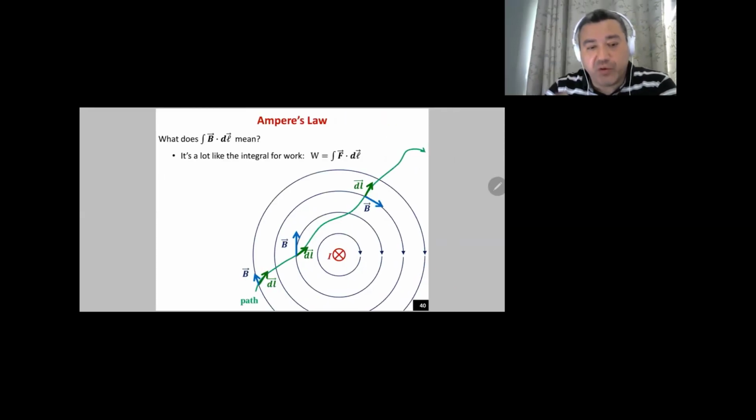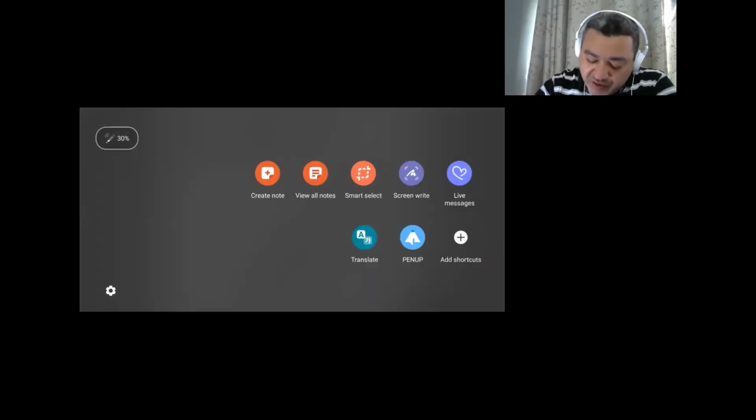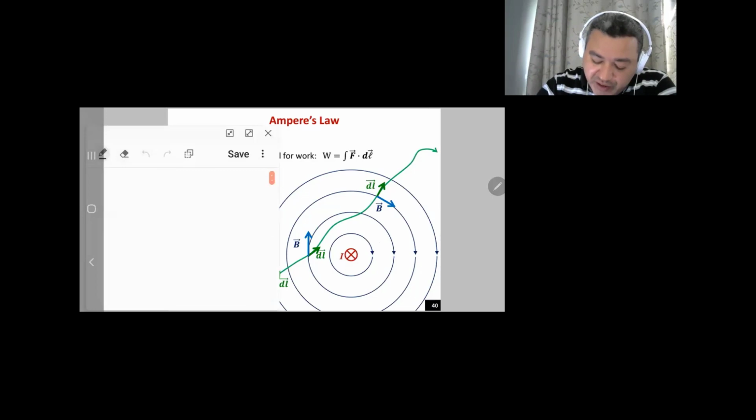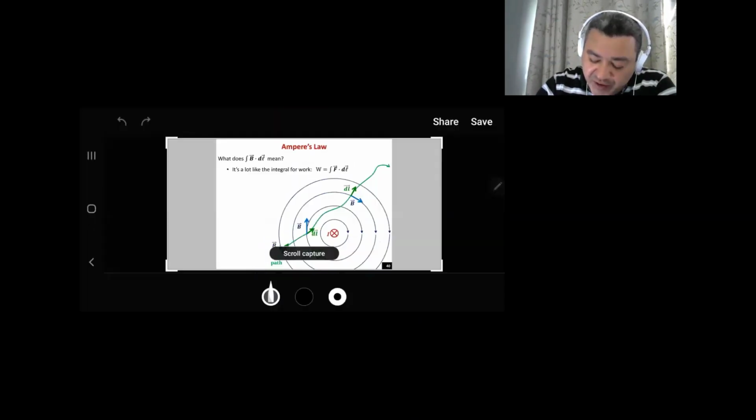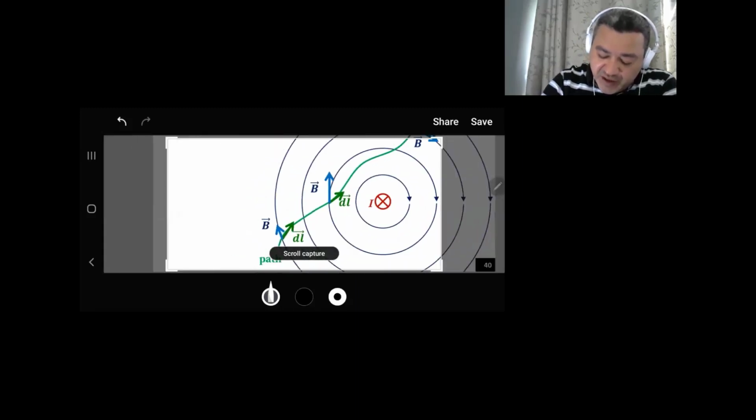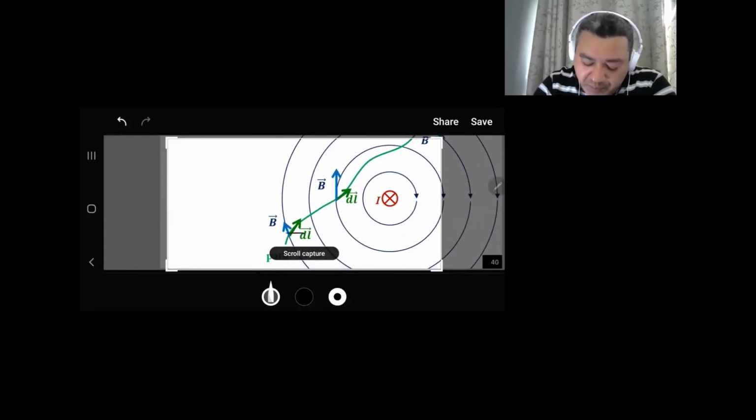The word along, the integration of the magnetic field along a path, is not far from the definition of work, where you take the dot product, which means you take the component of the magnetic field along the differential displacement. So when I say B dot dl, I mean the component of B along dl.